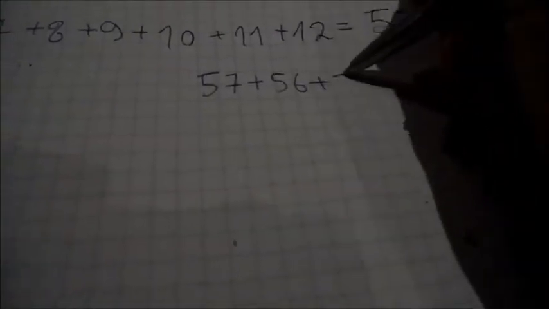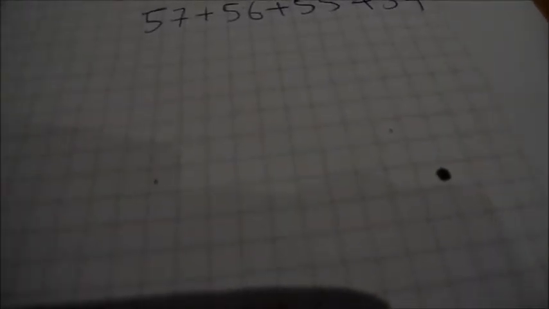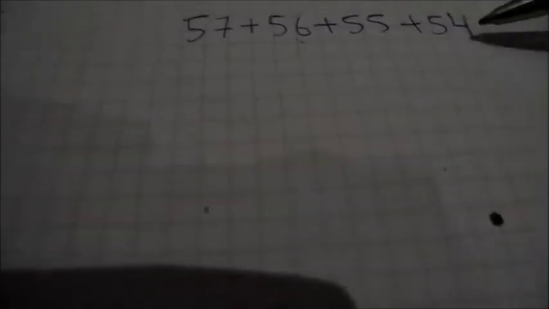If I go 57 and 56, it's 113, plus 55, it's 168, and if I go plus 54, it's 222. Yeah, right, 50 and 50 and 50 and 50 is 200, 207, 213, 218, 222.